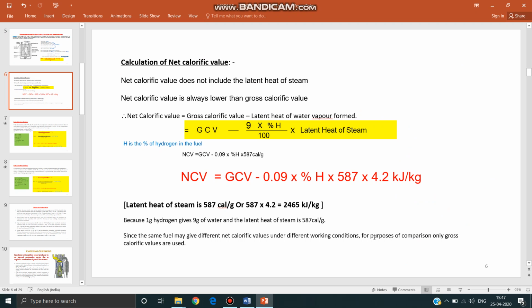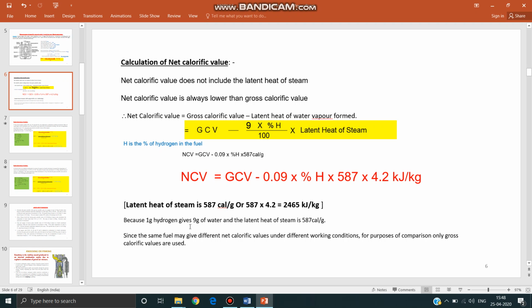For this we have to use this particular formula. NCV is equal to GCV minus latent heat of steam. So that's equal to 9 into percentage of hydrogen divided by 100 into latent heat of steam. Why do we take 9 here? Because 1 gram of hydrogen gives 9 grams of water. In the water molecule, the molecular weight of water is 18, and there are 2 hydrogen atoms, so 2 grams of hydrogen gives 18 grams of water.